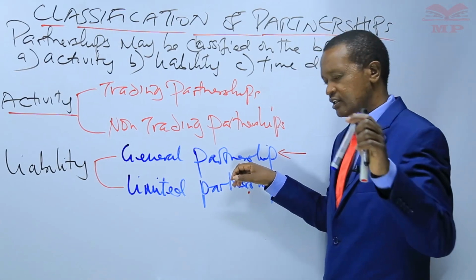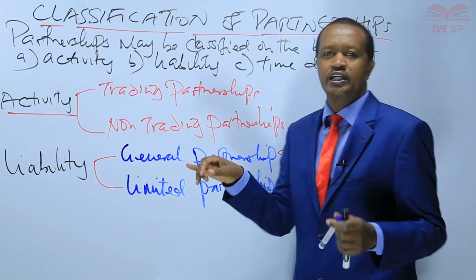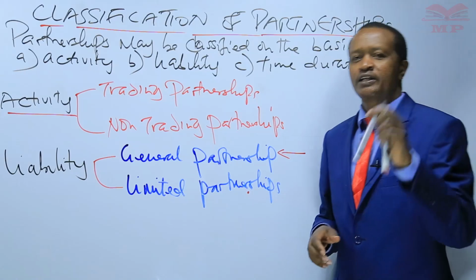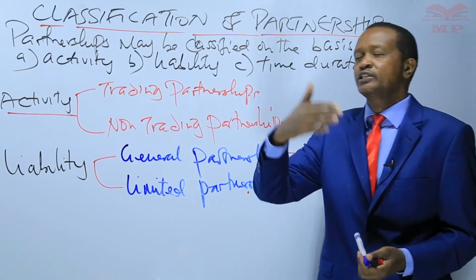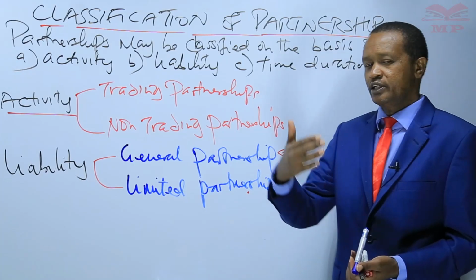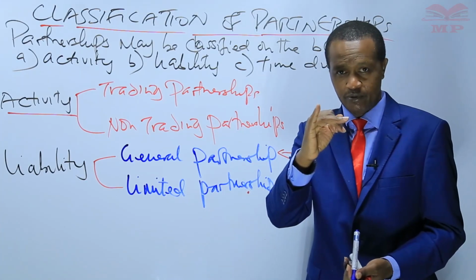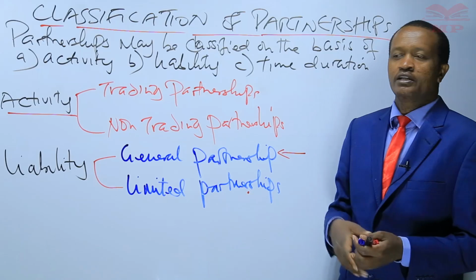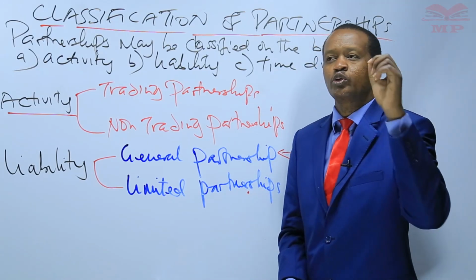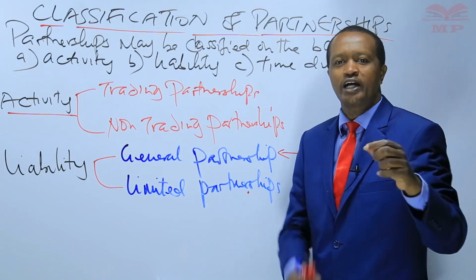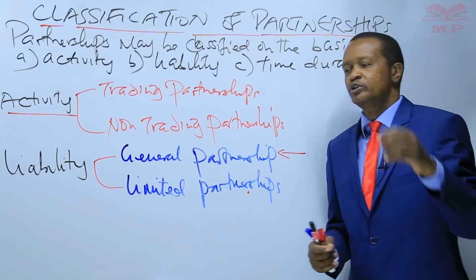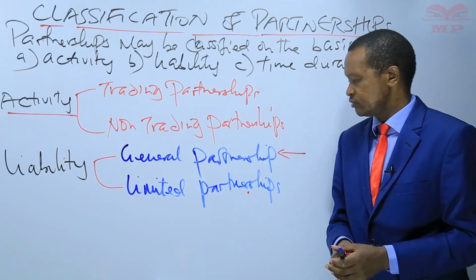So number three, the third condition is that it should consist of one or more limited partners who shall contribute a stated amount of capital. I'm saying that this limited partnership should consist of one or more limited partners who shall contribute a stated amount of capital.